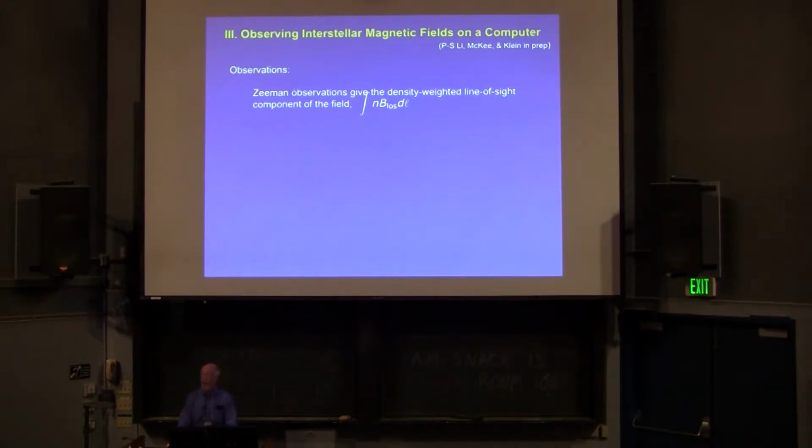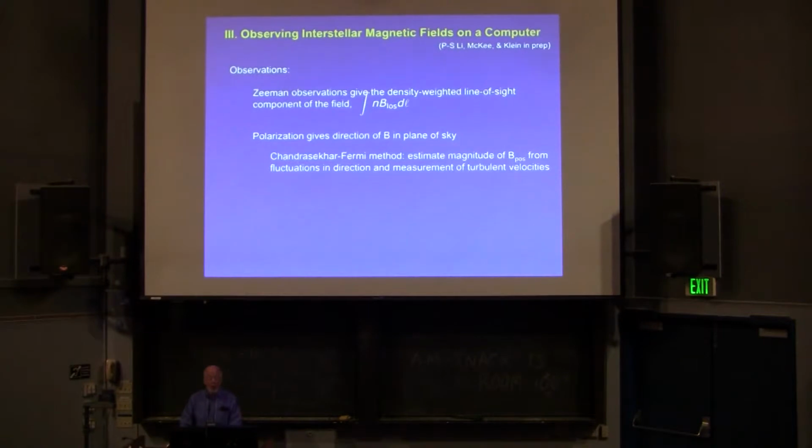Okay. So we can now try to see if we can understand this by using simulations. The observations, as I said, the Zeeman observations measure the integral of the density times the line of sight field. You also can get polarization observations, and the fluctuations in the orientation of the polarization give you an estimate of the magnetic field strength in the plane of the sky. So if I have a very strong magnetic field, say all the field lines are perfectly straight, then when you measure the polarization, the dust grains are going to be spinning like that.